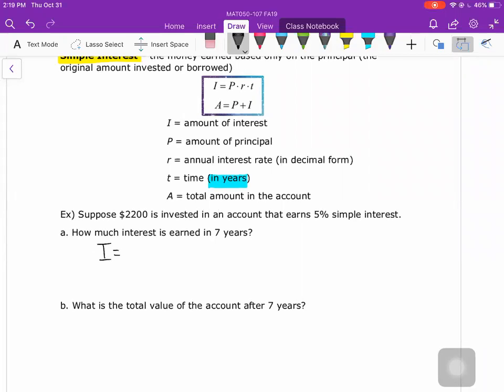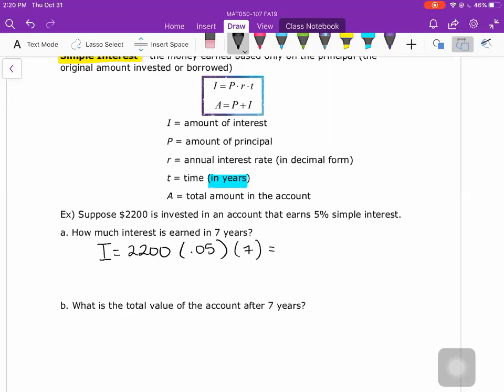What is the principal in this problem? 2,200. R is our interest rate as a decimal. What? 0.05. Excellent. And T is the time in years. 7.